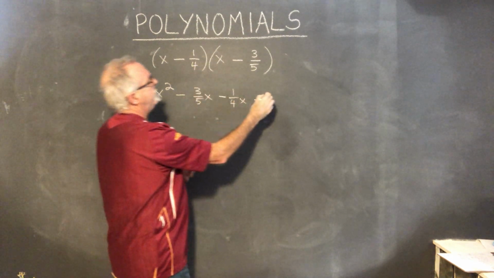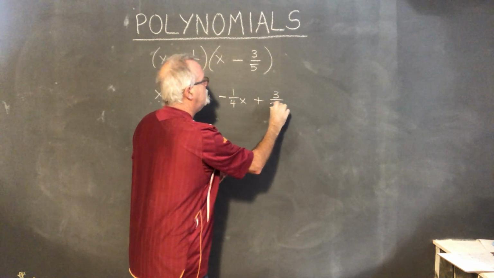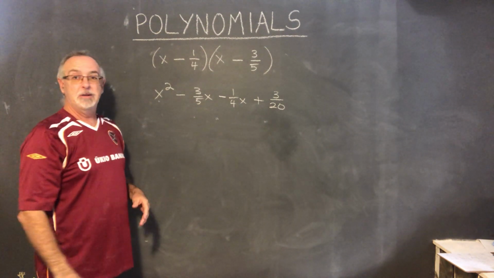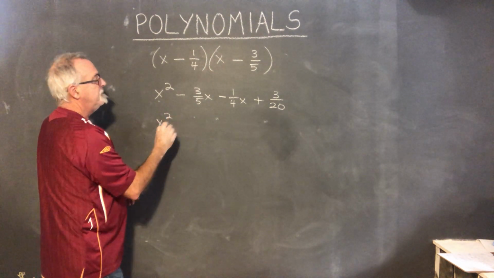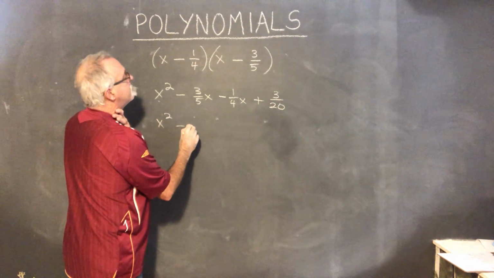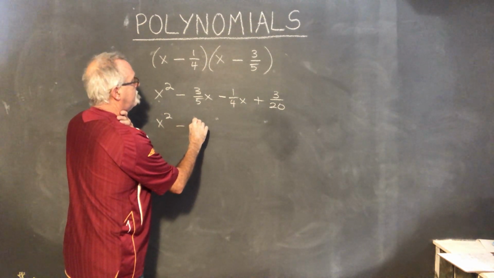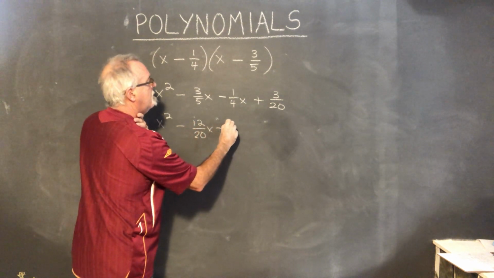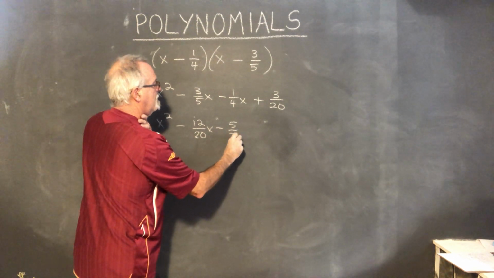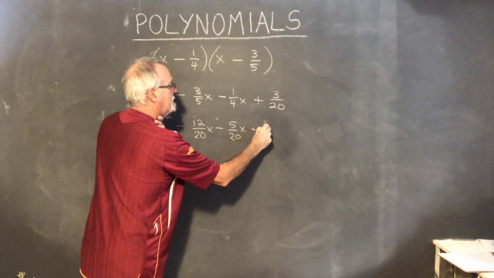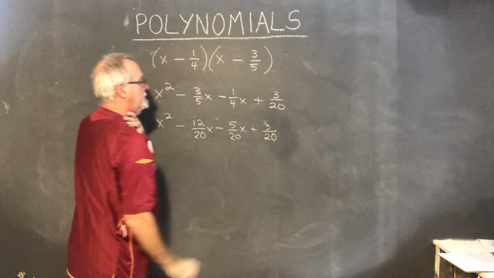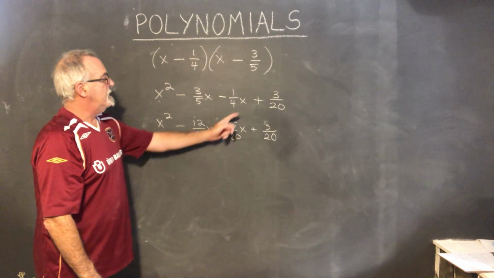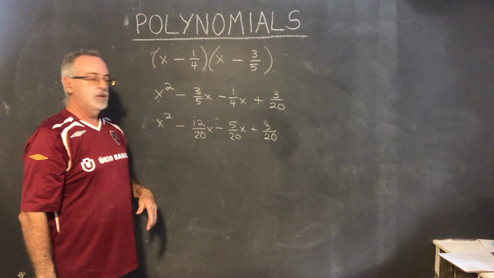A quarter times 3/5, that's 3/20. Oh, that turned out to be kind of easy. Oh, but when I combine my similar terms, I'm going to have to find a common denominator. How interesting that my common denominator ended up being the same denominator I got when I multiplied. Is that a coincidence? Not really.